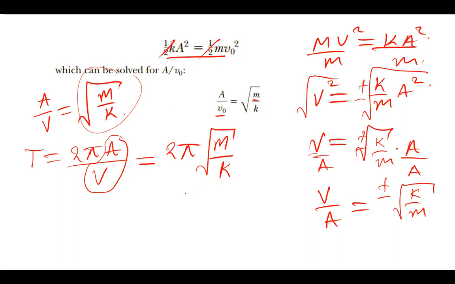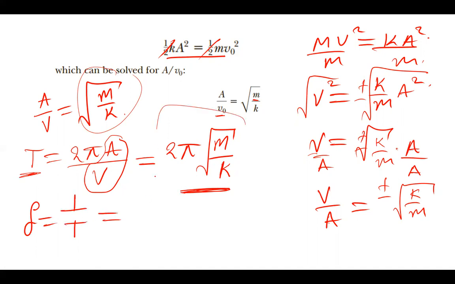So this is the period in terms of the mass and the spring constant. From there, we can also derive the other formula for the frequency. We know that frequency is given by 1 over the period.